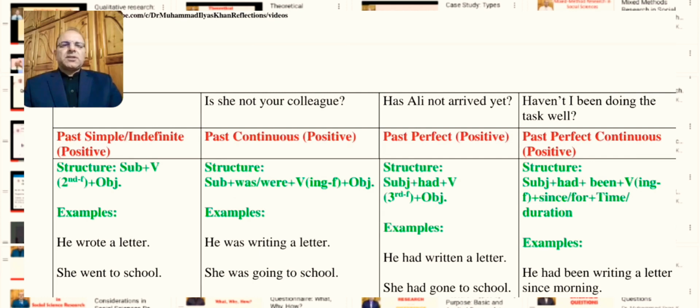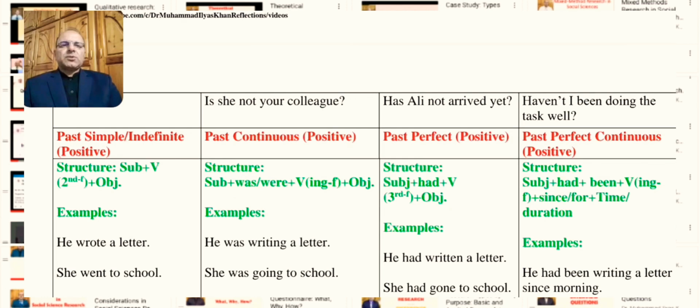The first table represents the positive or affirmative sentences. Here you can see that the structure is subject plus verb second form plus object. Again, remember, object is not always essential.